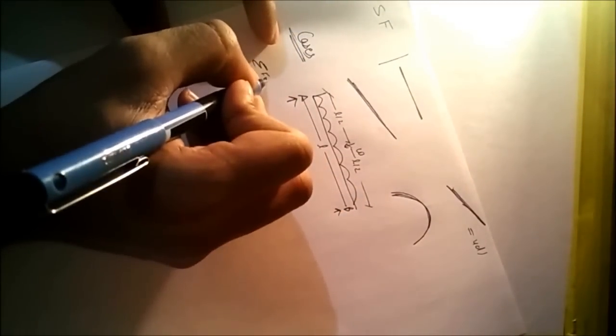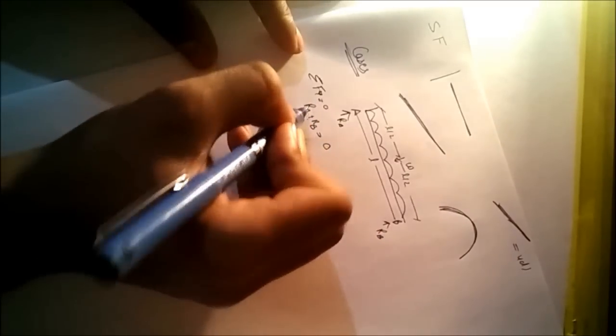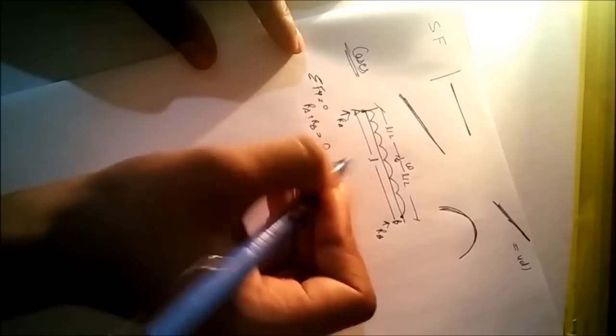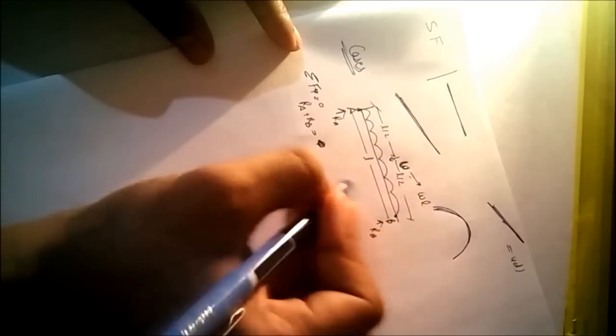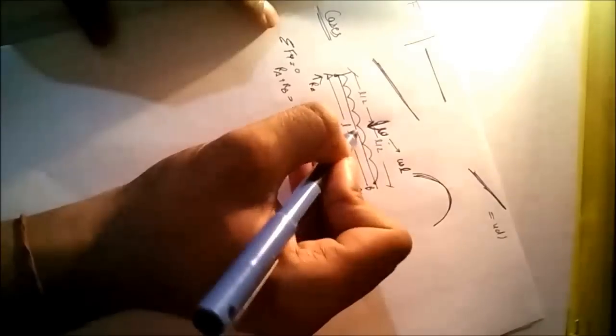Summation of Fx is 0, and summation of Fy is 0, so Ra plus Rb is equal to omega into length, that is omega L, which will act as a point load at the center. The UDL, with its length, acts as a point load at its center, at L by 2.